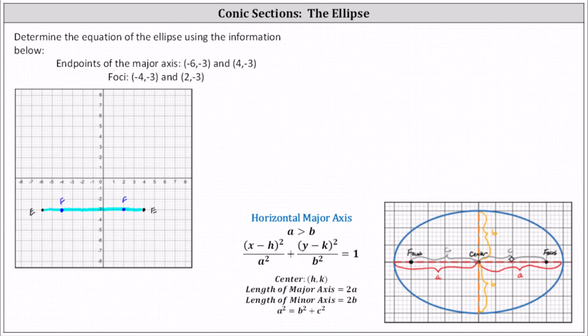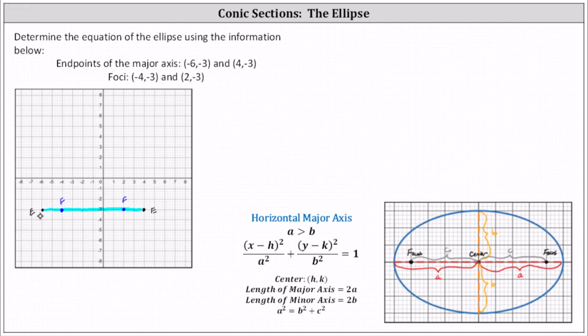Let's go ahead and find the center, which is the midpoint of the major axis, as well as the midpoint of the minor axis. Notice the major axis has a length of 10 units from x equals -6 to x equals 4. 10 divided by 2 equals 5, which indicates we can determine the center by starting at either endpoint and moving inward 5 units.